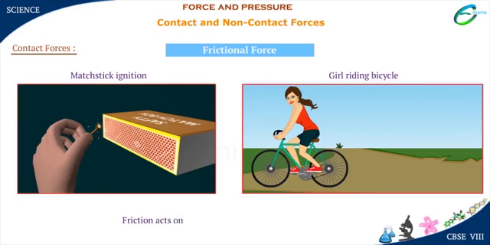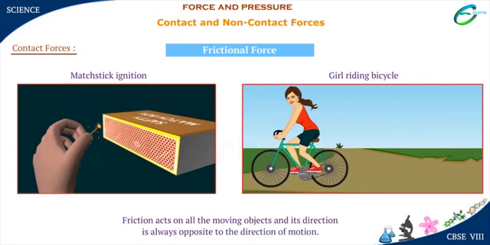Friction always acts on all the moving objects, and its direction is always opposite to the direction of motion. The force responsible for changing the state of motion of objects in both these examples is the force of friction. Since the force of friction arises due to contact between surfaces, it is also an example of a contact force.